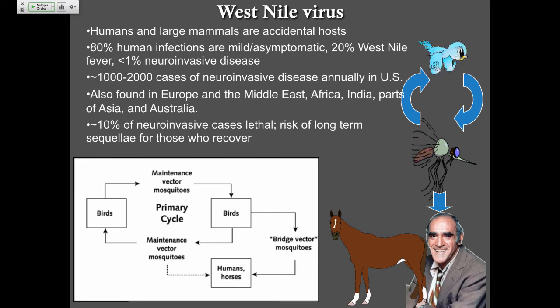This happens quite a lot, as you have these zoonotic diseases emerging from animal populations, coming into humans and causing quite severe disease phenotypes.